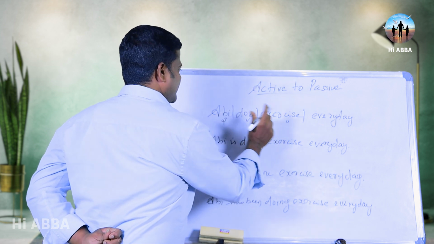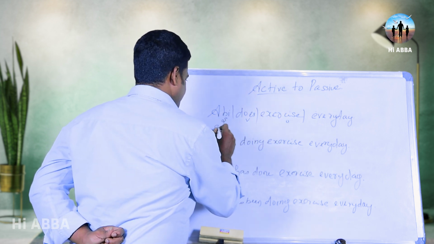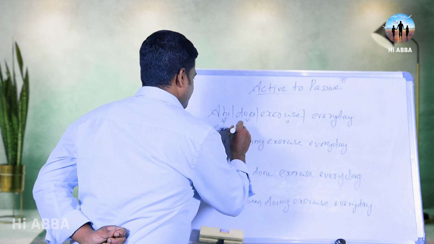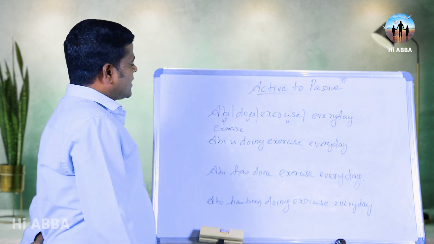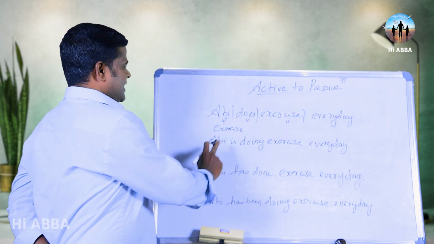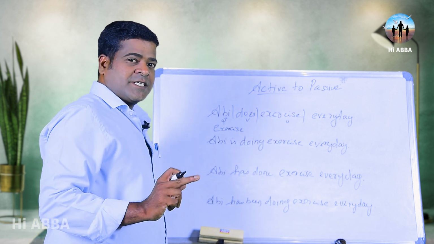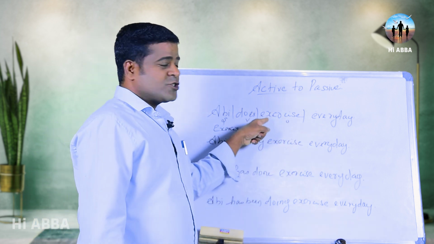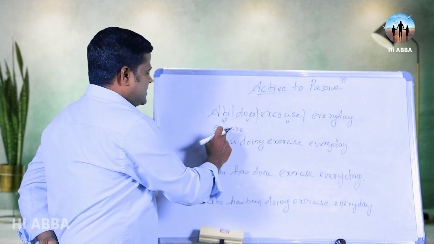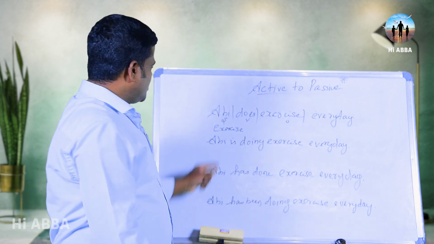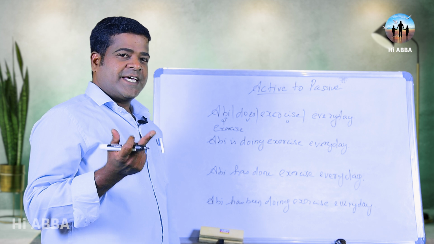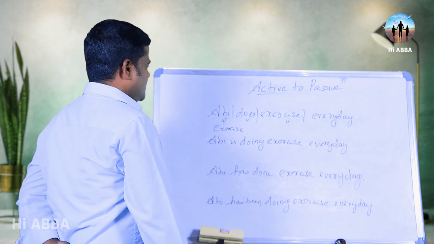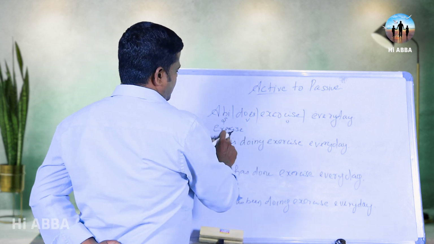Now the object is exercise. Another important point to be noted here is that the word exercise is coming in the middle of the sentence, therefore it is written in small letter. But when it becomes subject, it is the beginning of the sentence, so that has to be written in title case, I mean capital letter. So the object has become subject.